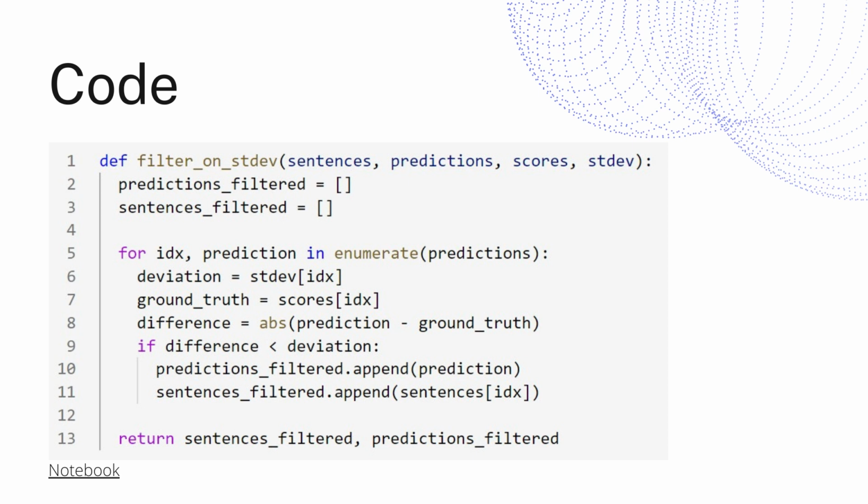If this difference is less than the deviation, we append it to predictions_filtered, and we append the sentence to sentences_filtered. In the end, we return both these lists. I've also linked the corresponding notebook here.